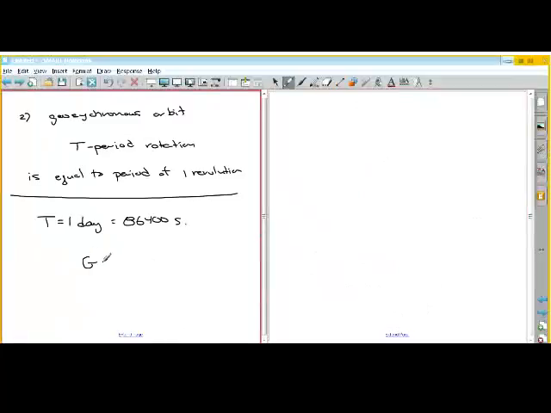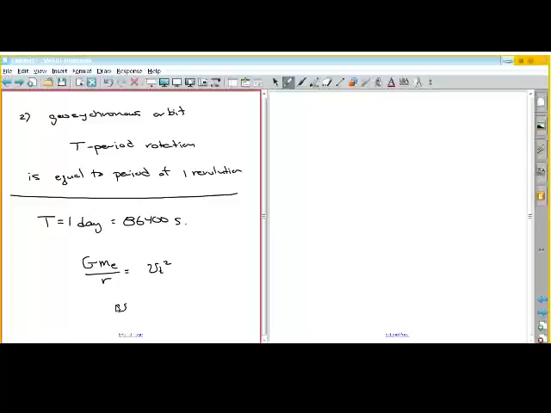If I take the relationship that the gravitational constant times the mass of the Earth divided by the radius equals the tangential velocity squared, what I'm looking for is the radius, and then you can calculate v.